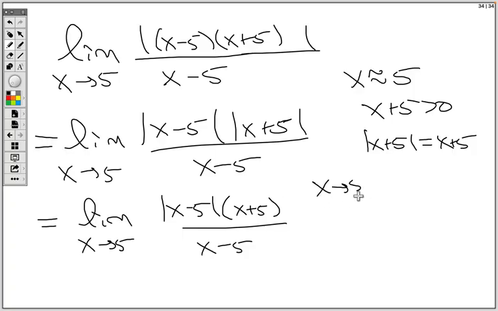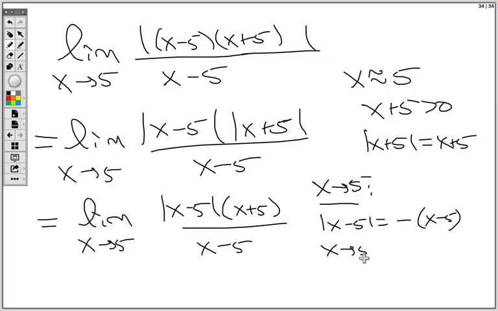If x comes into 5 from the left, I'm plugging in numbers a little less than 5. So that means what's inside here is going to be a negative number. So the absolute value would take the opposite of that to make it a positive number. So as x comes into 5 from the left, the absolute value of x minus 5 would be the opposite of x minus 5.